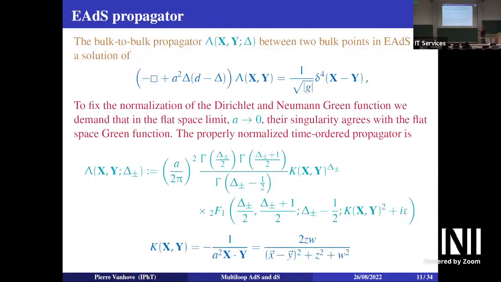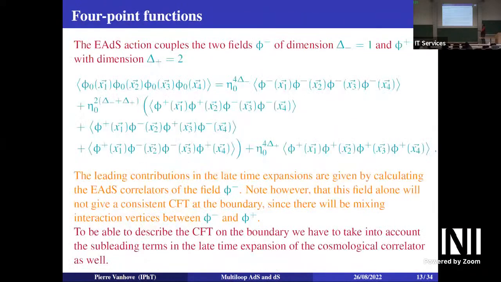So what's happening now is that your cosmological correlator is expanded in components: phi minus, phi plus, phi minus, and all these mixed terms, phi plus, phi minus, etc., all the permutations, and all phi plus. This one is the field of dimension 1. This is 2 of dimension 2, 2 of dimension 1, and 4 of dimension 2. And these correlators are multiplied by a power of the conformal time eta 0.